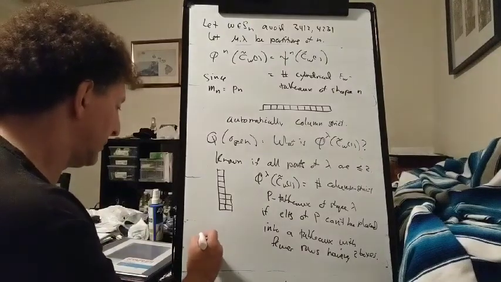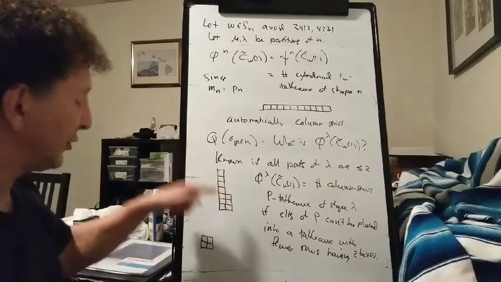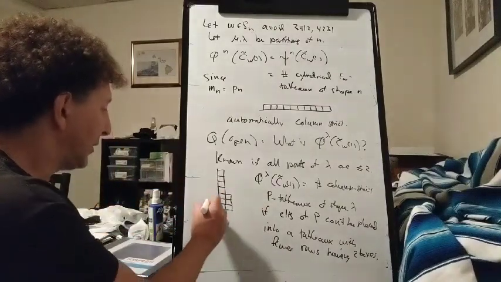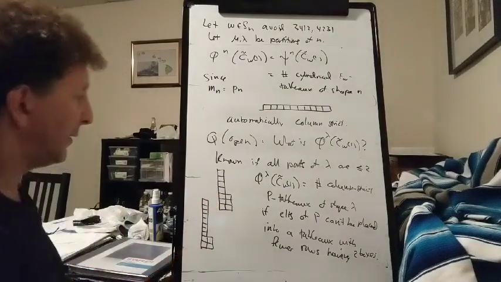So suppose we can put the elements of P into a column strict tableau like this, but we could not put them into a column strict tableau like that. Then we count them.